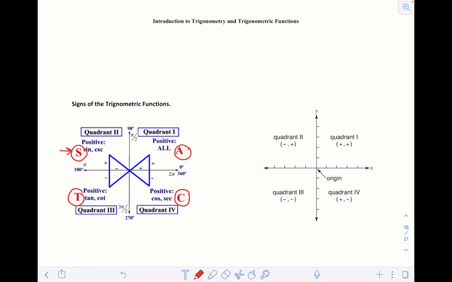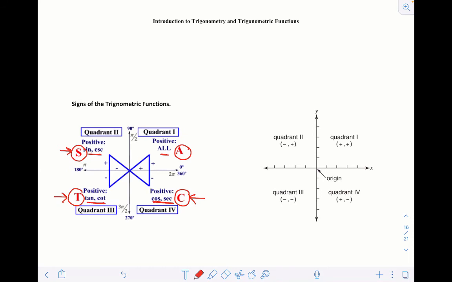Sine is positive in quadrant 2, tangent is positive in quadrant 3, and then cosine is positive in quadrant 4. And you'll notice I said cosine, but if cosine is positive, then its reciprocal is positive too. So that's why you have 2 listed in either area. So you could remember that: all students take calculus to try and remember when it's going to be positive versus negative.